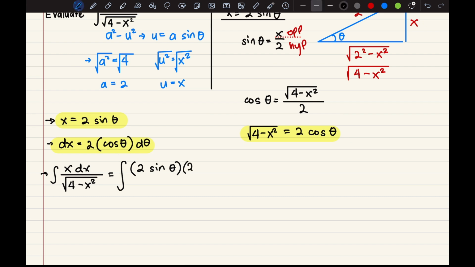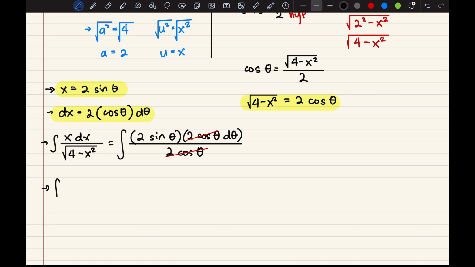So we write 2 cosine theta d theta all over the equivalent of square root of 4 minus x squared in terms of theta, that is this equation right here. So we have 2 cosine theta. And it's just a matter of simplification. There will be factors that will be cancelling each other out. So we have 2 cosine theta at the numerator and 2 cosine theta at the denominator. So simplifying further, our integral will be reduced to the integral of 2 sine theta d theta.